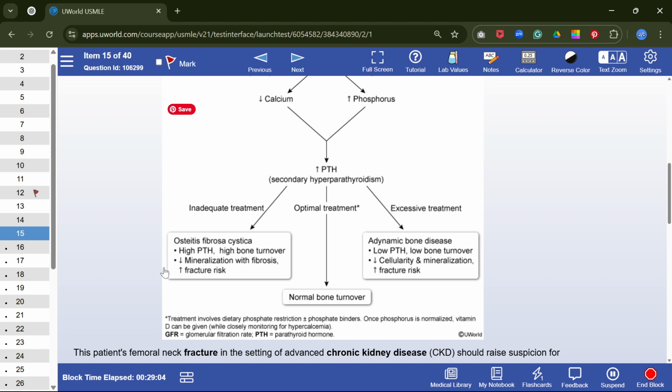If there is optimal treatment, normal bone turnover. Treatment involves dietary phosphate restriction with phosphate binder. Once phosphorus is normalized, vitamin D can be given while closely monitoring for hypercalcemia.